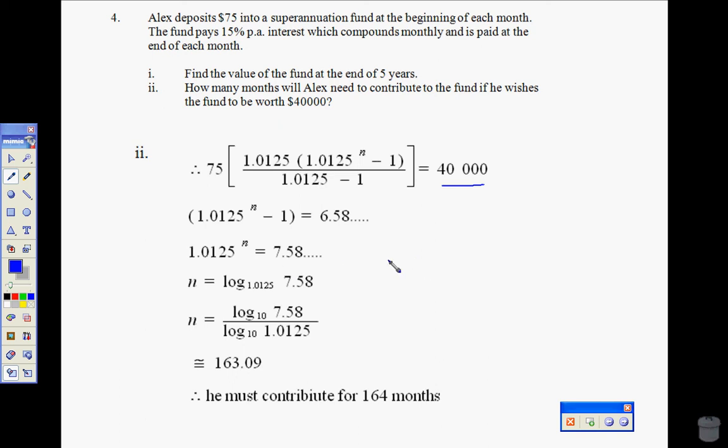Now what I need to do is find the value of n, which means by using logarithms, I can set it up this way. The definition of a logarithm: n, the power there, would be equal to log of the base 1.0125 of that number, 7.58. Okay, so remember, I can't do it this way.